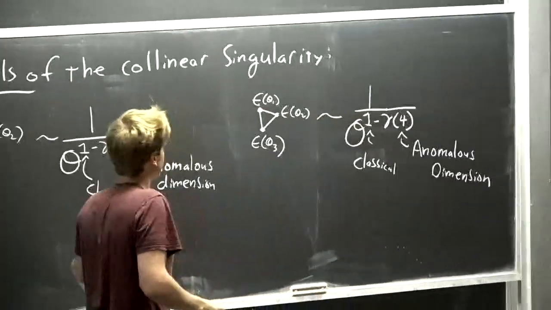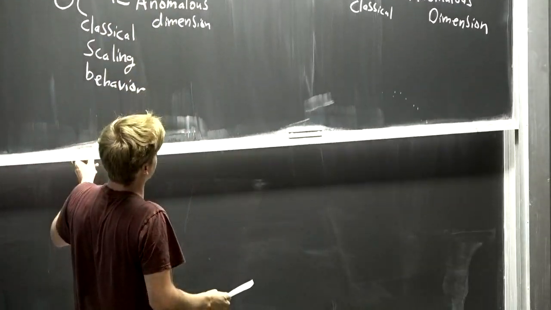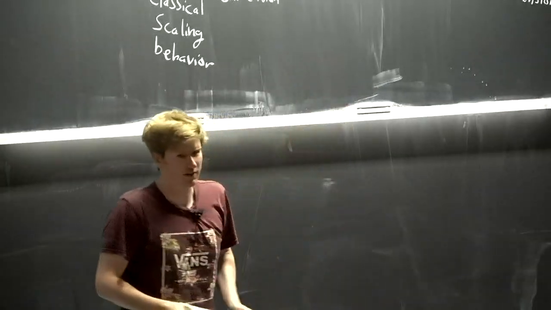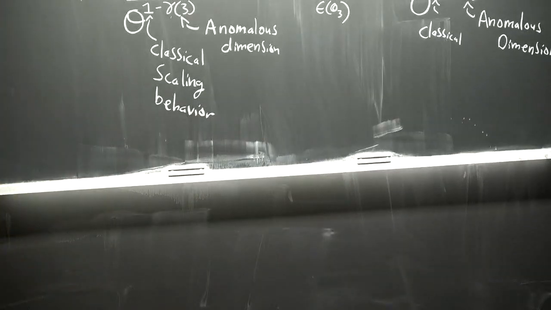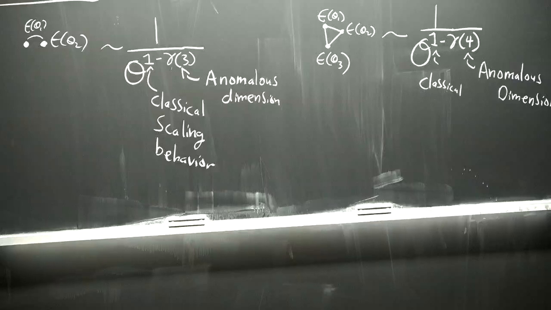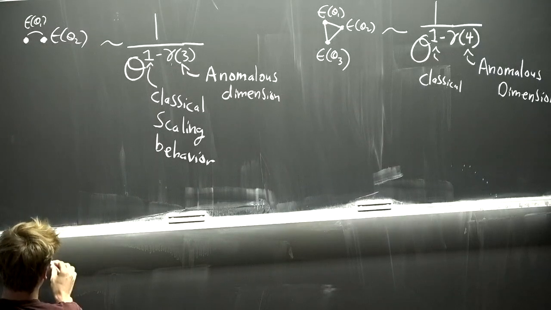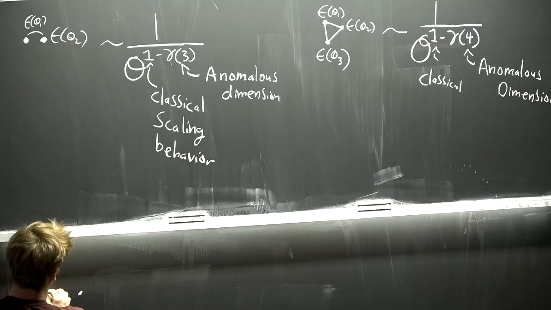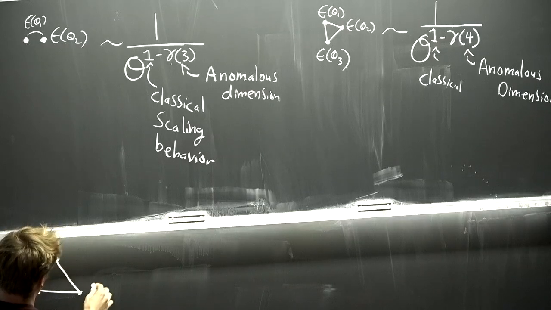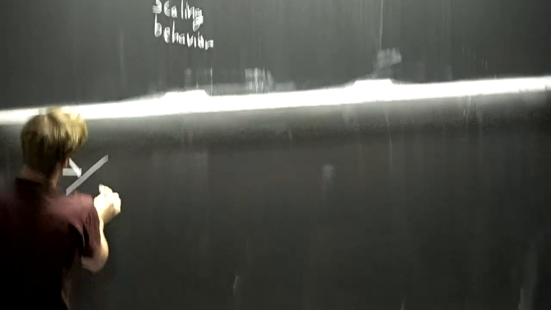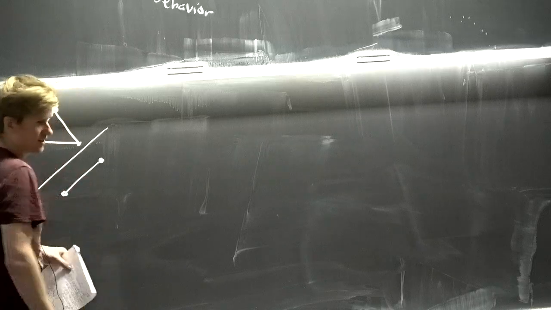And so one thing one can do to actually very precisely extract the values of these anomalous dimensions is you can take ratios of these particular correlators in their collinear limits. So in particular, what you can do is you can study, for example, a 3-point correlator normalized to a 2-point correlator.